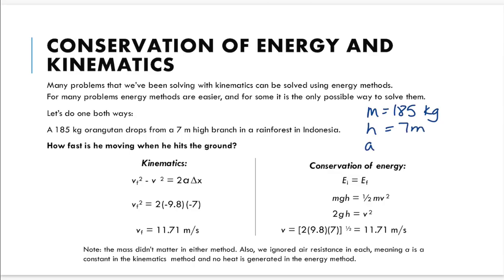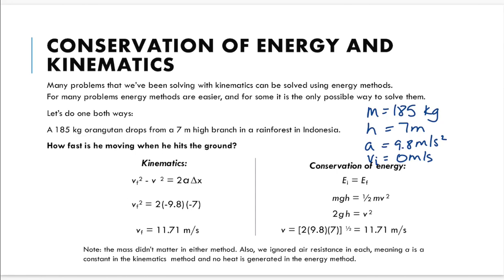We know that we have an acceleration of 9.8 meters per second squared. And if he's resting at the top, then we know that we have an initial velocity of 0 meters per second. So we can fill this in, and we just fill the numbers in for the values that we have.